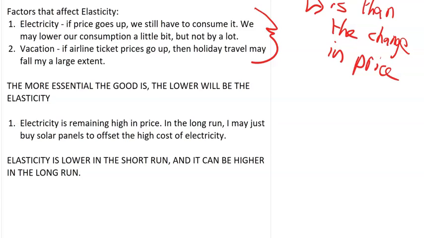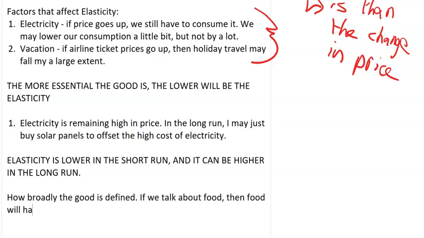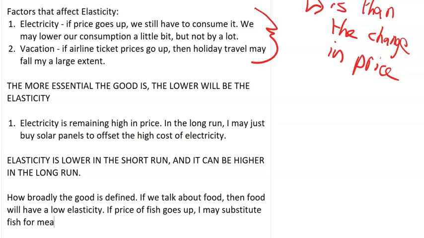Another thing is how broadly the good is defined. If we talk about, let's say, food, we need food for survival, so if the price of food in general goes up, we still have to buy food. If the price of every item in food goes up, then food will have a low elasticity. On the other hand, with a very narrow definition, if the price of just fish goes up, I may substitute fish with meat or other protein like tofu.